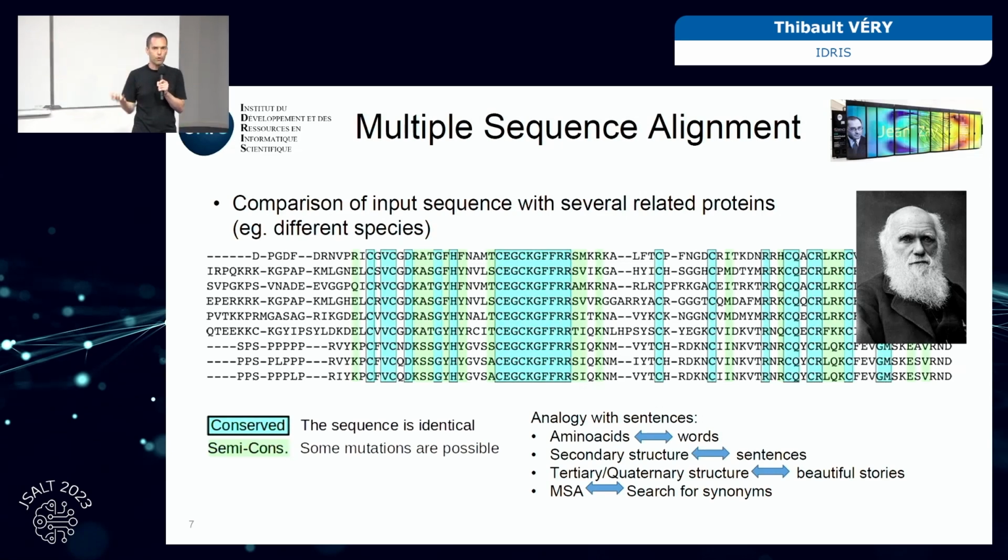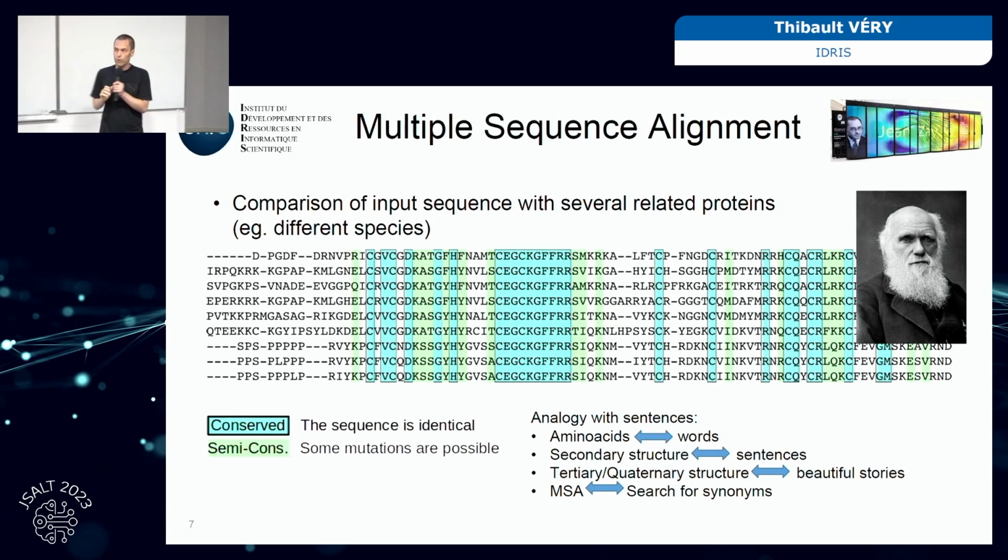You can have mutations, you can change some amino acids, you can remove some parts, you can add some other parts, and still the function is correct. And that will help us a lot, because we will be able to find kind of synonyms, if you want, in the sequences that tell almost the same story, but a bit differently.